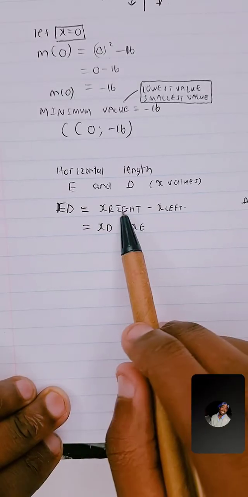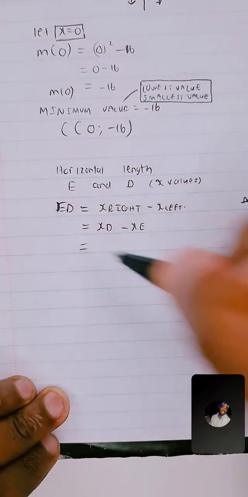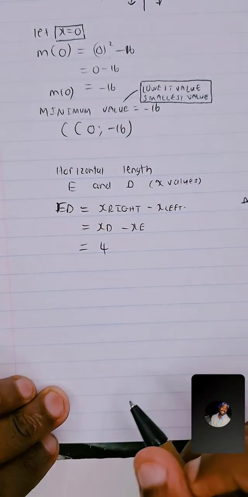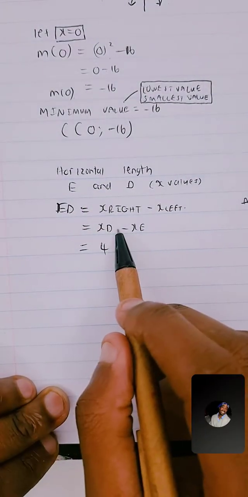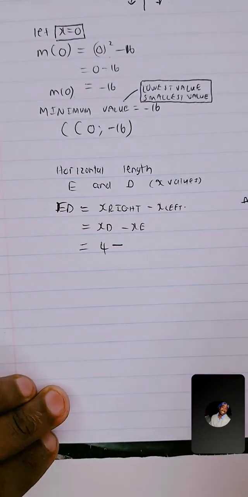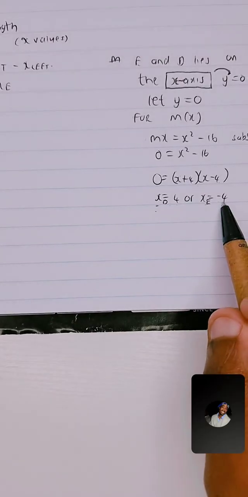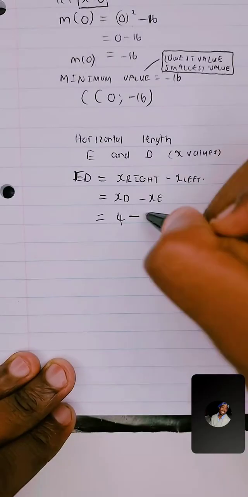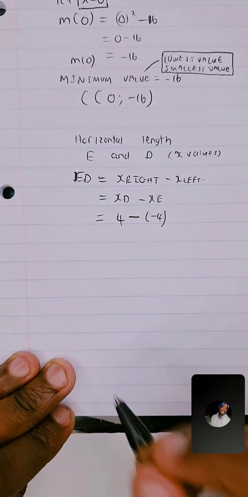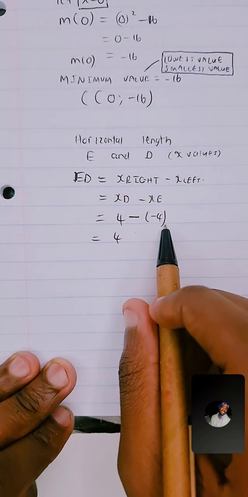So we take x on the right minus x on the left. X of D is 4. The formula already has a minus sign, and then x of E is negative 4. So we say 4 minus negative 4, minus 4, and then we say 4. What's a negative times a negative?